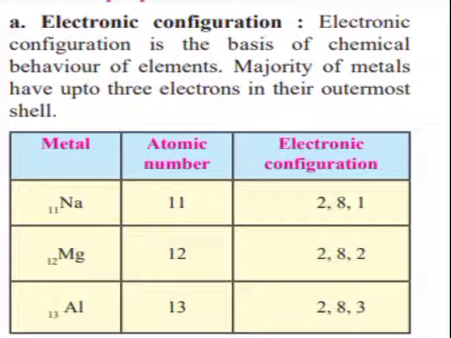So the metals: first sodium, atomic number 11, and its electronic configuration is 2, 8, 1. Magnesium, atomic number 12, electronic configuration 2, 8, 2. Aluminium, atomic number 13, its electronic configuration is 2, 8, 3.